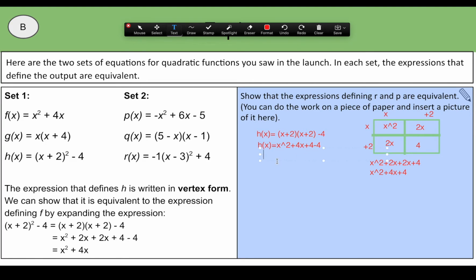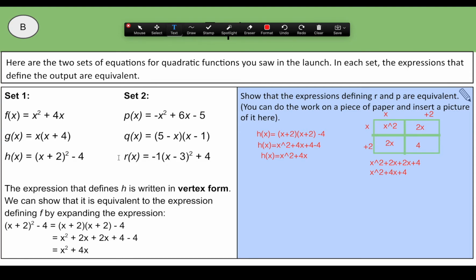So now we have h of x equals x to the second power plus 4x, which matches our expression down here. Okay, so now you might want to pause your video and try this for the second example, set 2.